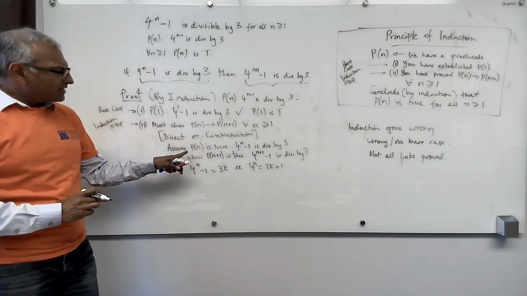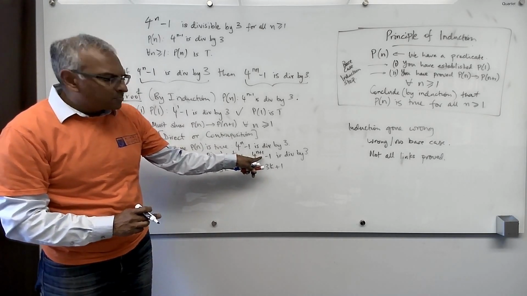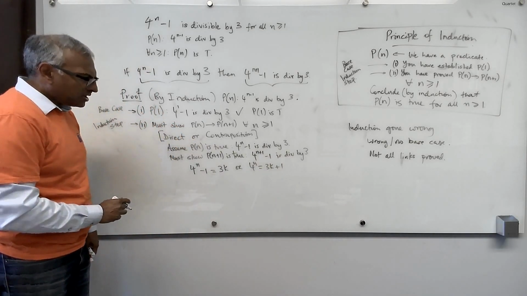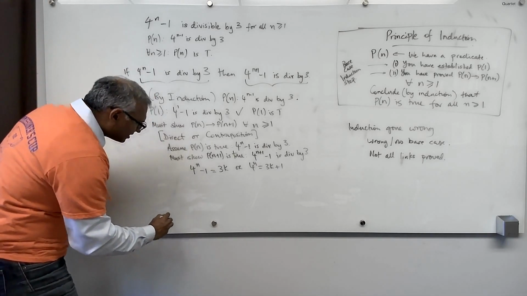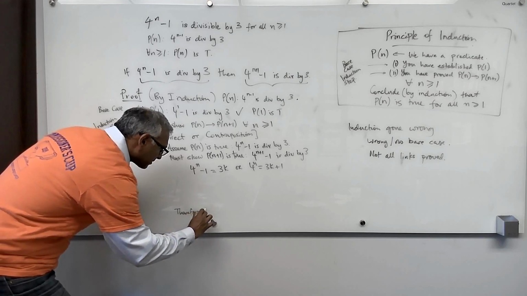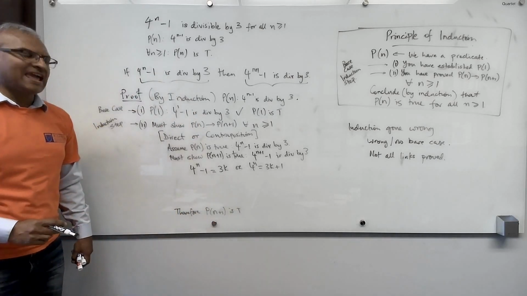We know where the end is. The end must be to show that 4 to the n plus 1 minus 1 is divisible by 3. So that's the end of the proof. And so I must end the proof by showing, therefore, P of n plus 1 is true. Okay, so that's the end.